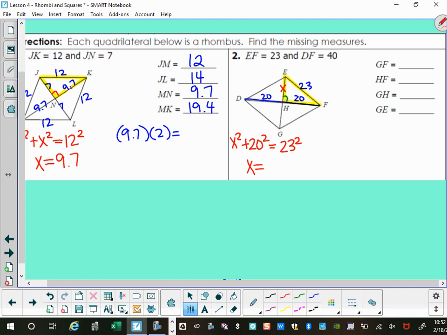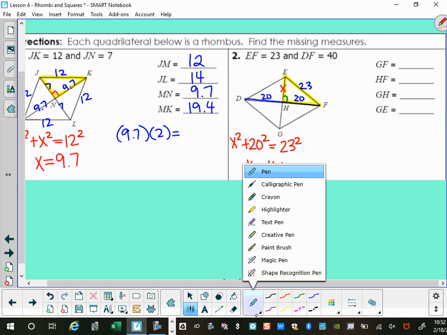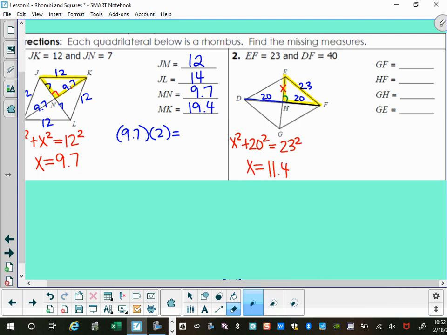Yep. No one has an answer? You should get 11.4. Do you guys know how to type this into Desmos, or do you want to see how to do it? All right. So that means I'm going to write 11.4 here.